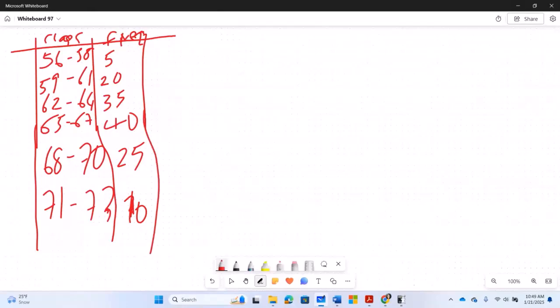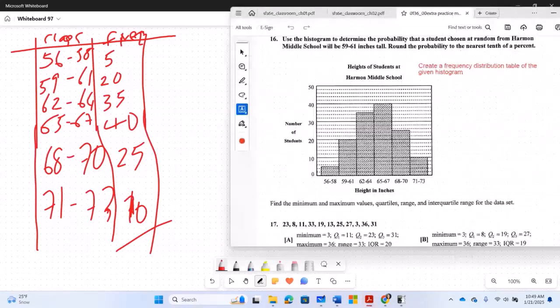Okay, so I am creating the frequency table of the histogram given to me. By the way, these are the number of students. Let's look at the question again. Use the histogram to determine the probability that a student chosen at random from this school will be 59 to 61 inches tall. Round the probability to the nearest tenth of a percent.